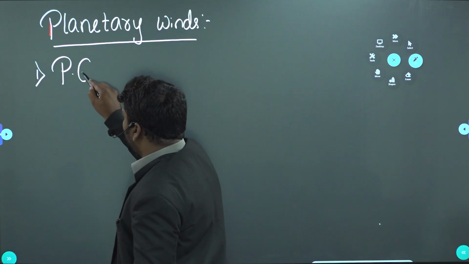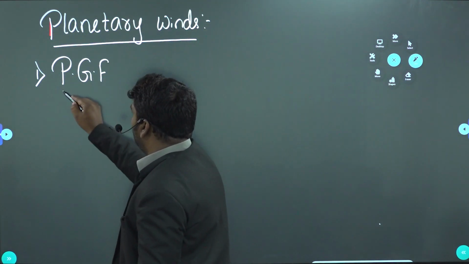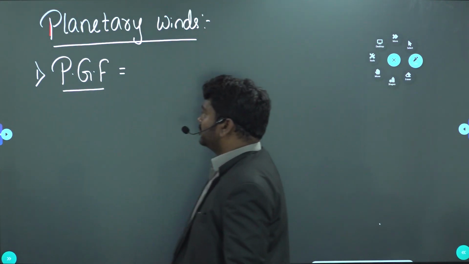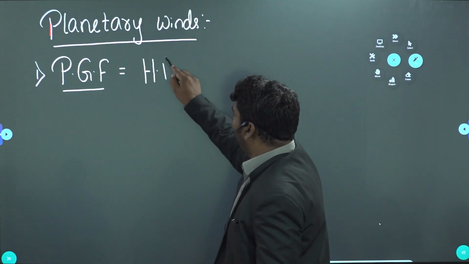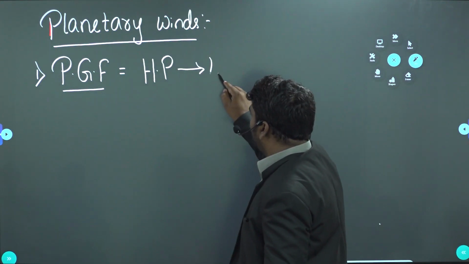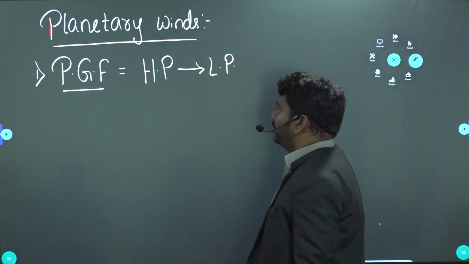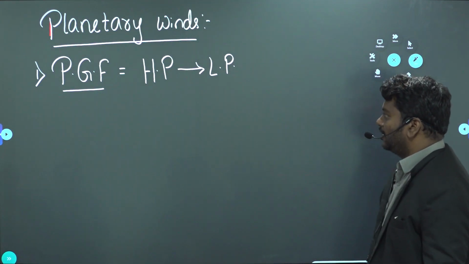The first one is pressure gradient force. So it normally says that wind blows from high pressure to low pressure.